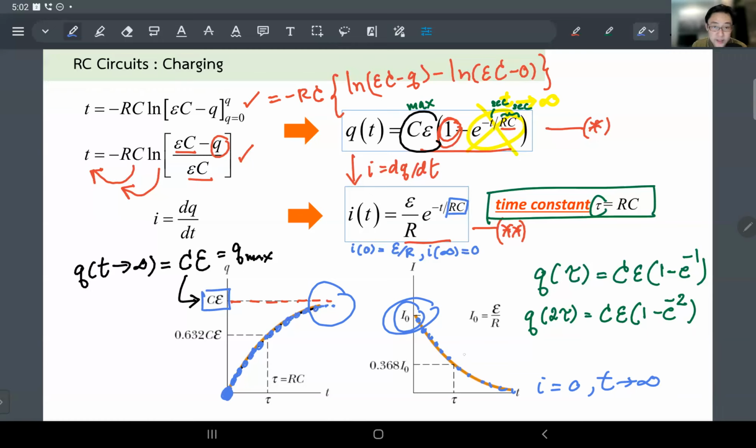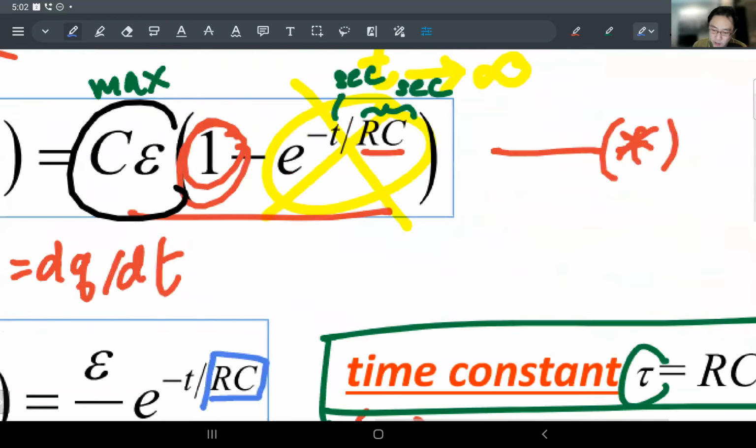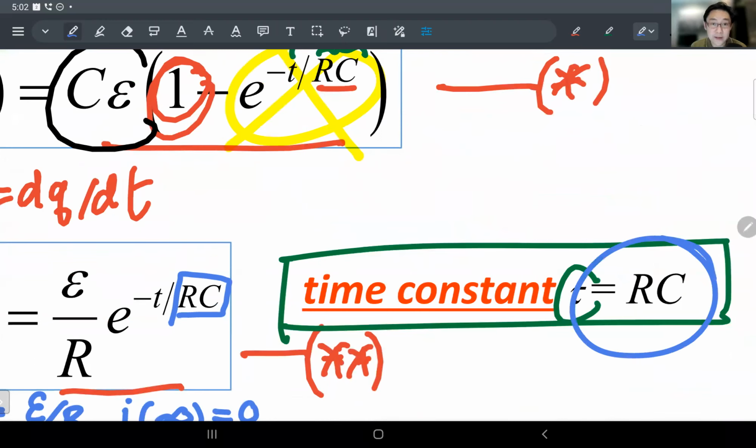Same thing with the current. The current is going to start big and it's going to die down over time because charge is accumulated more and more inside the conducting plate. And now you know the behavior of that dying down is also exponential. And the factor that governs how fast or how slowly the charge or the current changes is just that, bam, RC right there. Your time constant, and you are done.